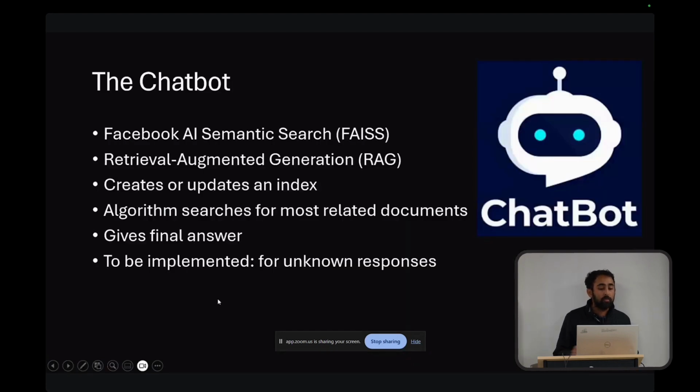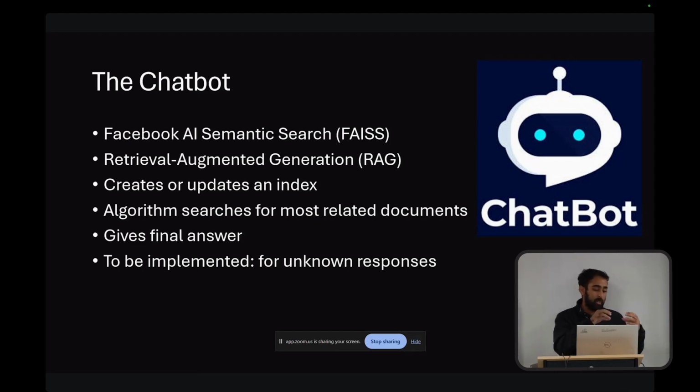For the chatbot, I used an algorithm called FAISS, Facebook AI Similarity Search, and then I used RAG. I don't think all chatbots work on RAG, but from what I know, I can also do it, and I created a library and algorithms to search for the documents with the answer.